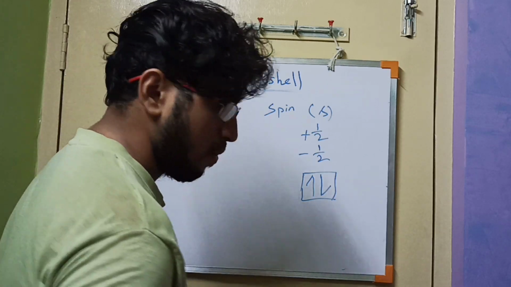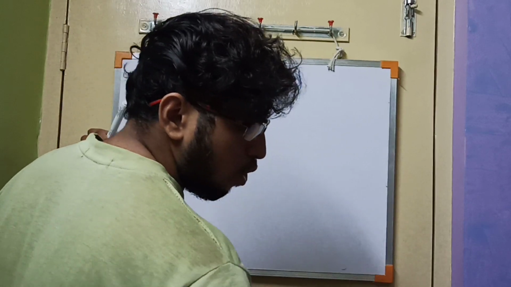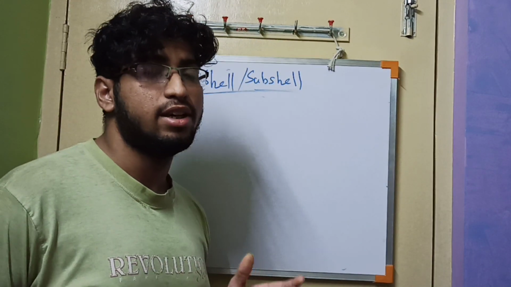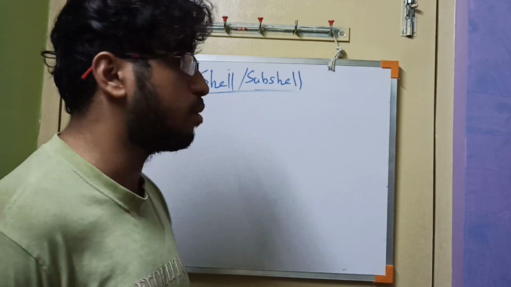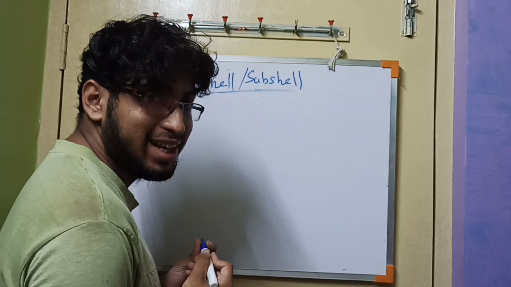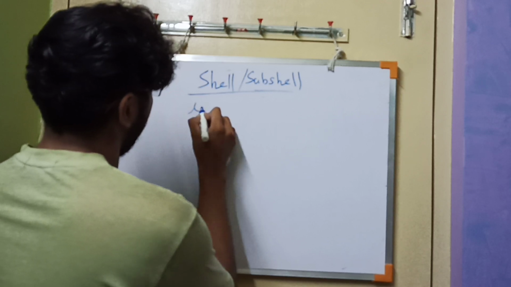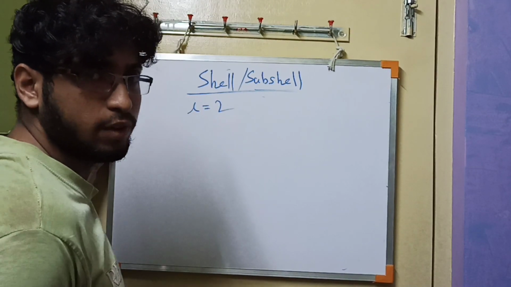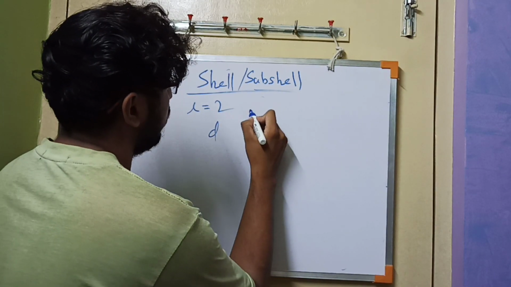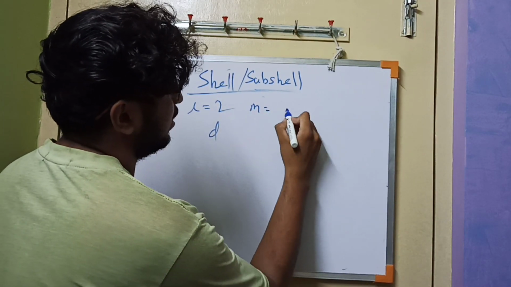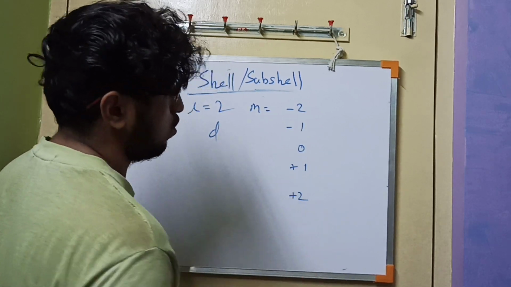Now, for each and every value of m, there will be two types of spin quantum number. That means if we take L equal to 2, that is d orbital. For L equal to 2, the value of m was -2, -1, 0, +1, +2.